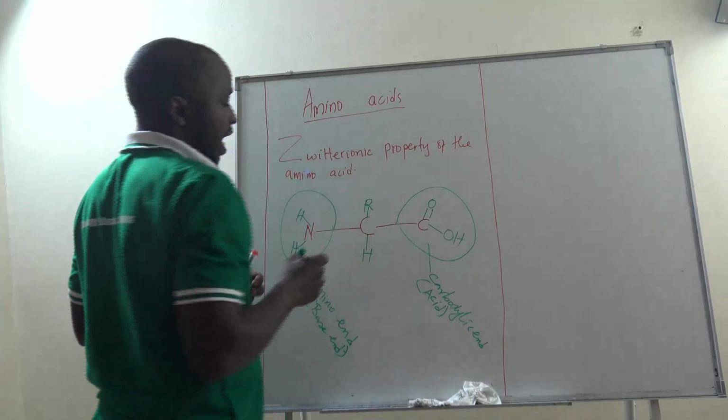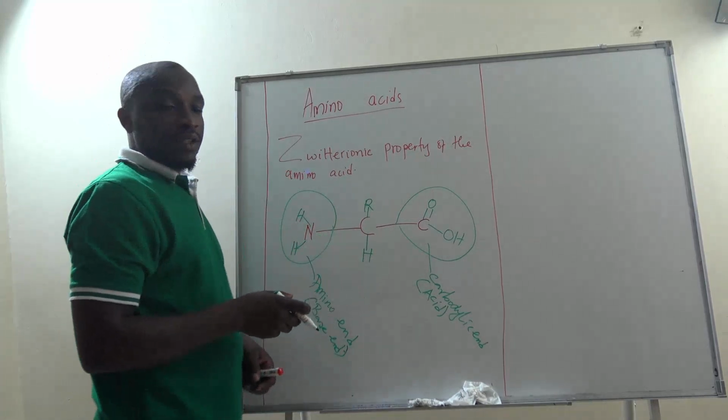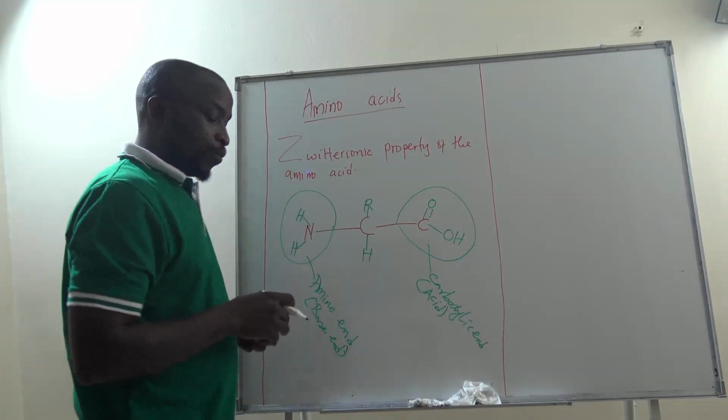So, how does an amino acid show out the Zwitterionic property?